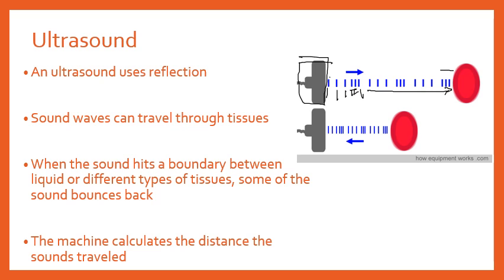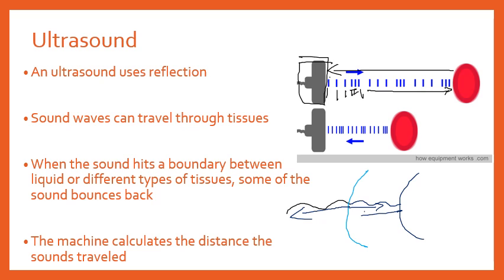And then they're going to bounce off of those things and come back. And every time a wave, like a sound wave, hits a new tissue or a new boundary layer, then what happens is the wave actually changes a little bit. And so as the wave changes, it first of all bounces off of that boundary layer, and some of it continues through the boundary layer.